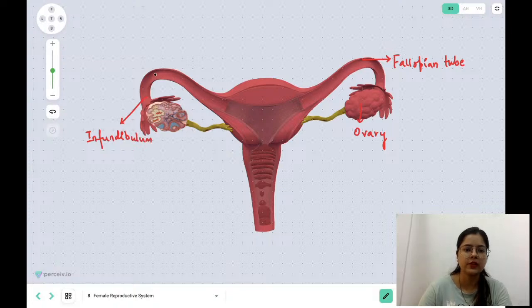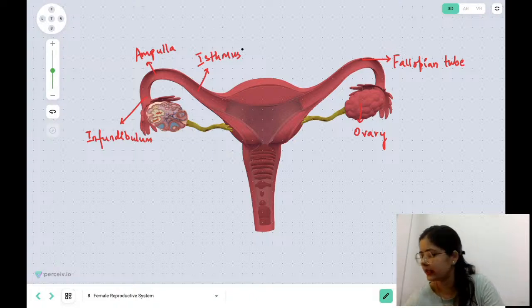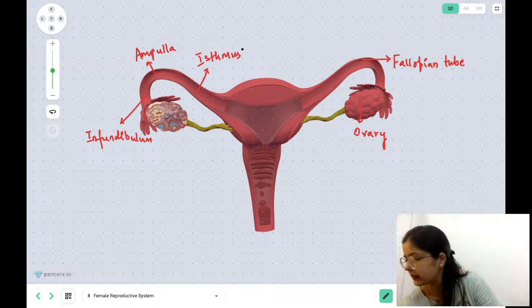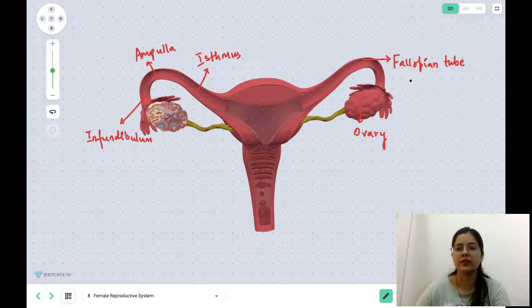Then this becomes your ampulla. And this ultimately becomes your isthmus. So these are basically the three distinct components that are found in this fallopian tube. So these are the three members of the fallopian tube.